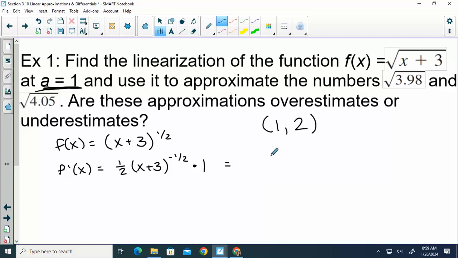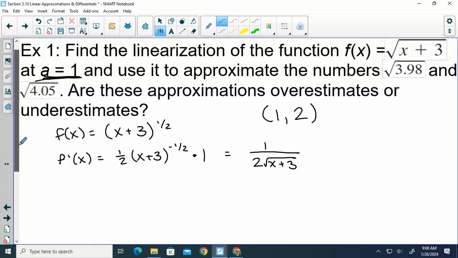If you want to rewrite this, it would be the same as 1 over 2 times the square root of x plus 3. So what we need is the derivative when my x value is what? 1. So if we put a 1 into this equation, we get 1/4. That is our slope.